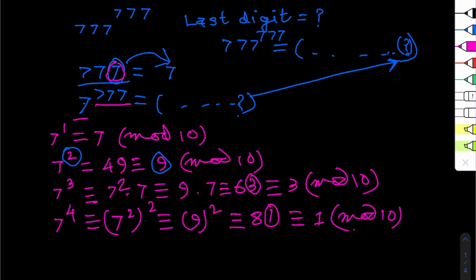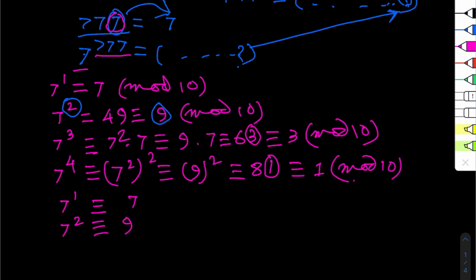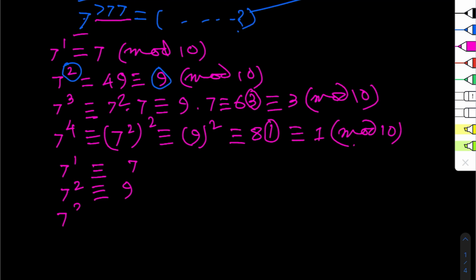And when we get 1, then the remainder cycle is complete. That means for 7 to the power 1 we get congruent 7, and 7 to the power 2 congruent 9, and 7 to the power 3 congruent 3, and 7 to the power 4 congruent 1.